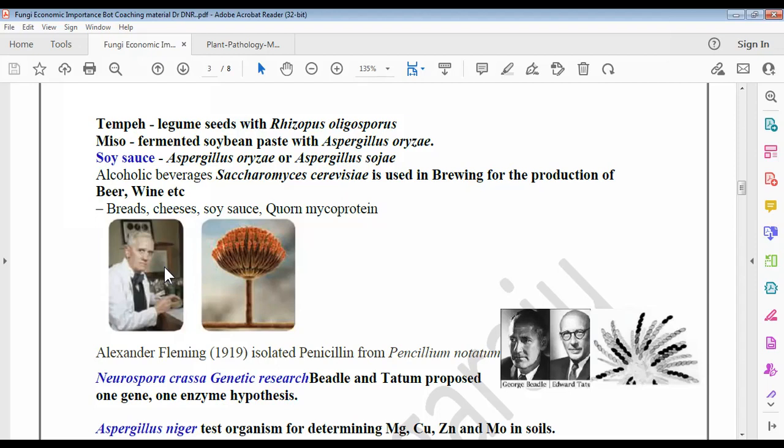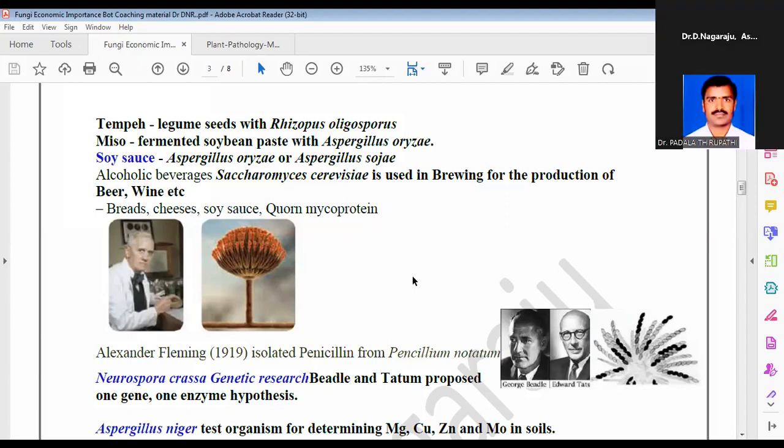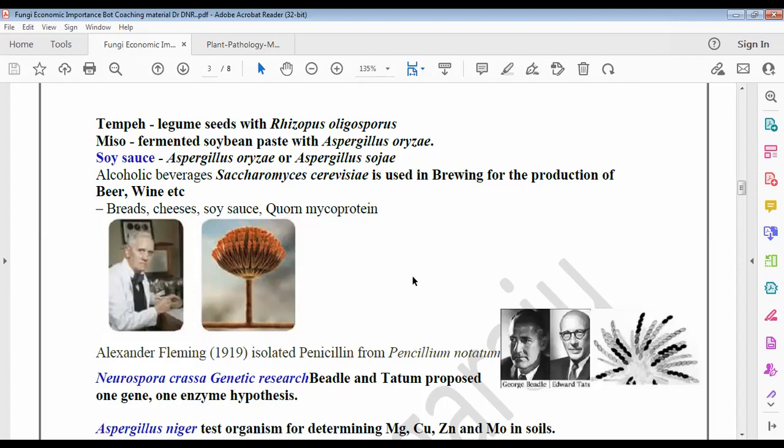By that he realized, he got the idea: oh, it is good, it acts as an antibiotic, it is inhibiting the growth of other fungi and bacteria. So that blue mold product is penicillin.